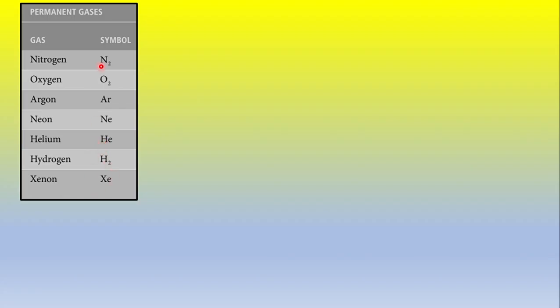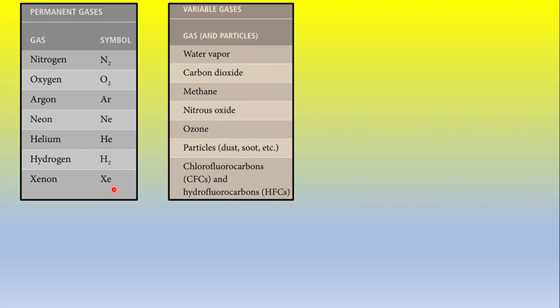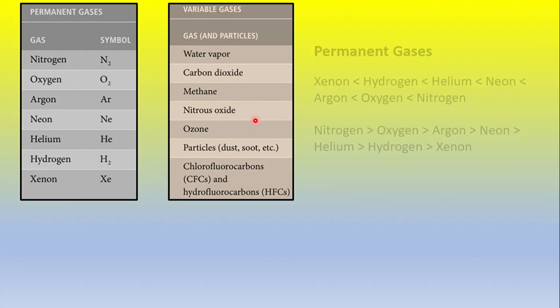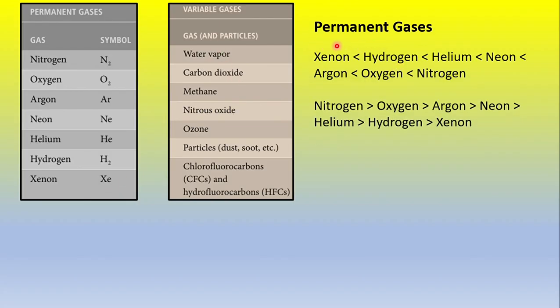Xenon is less than all. This is the increasing order: xenon, hydrogen, helium, neon, argon, oxygen, and nitrogen. Then the decreasing order: nitrogen, oxygen, argon, neon, helium, hydrogen, and xenon.